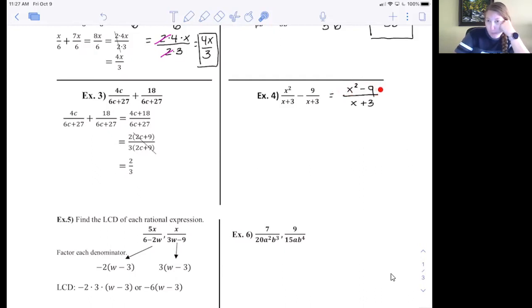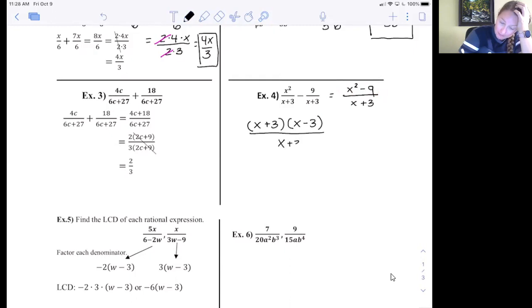If you can't remember, just plug it in the calculator on your computer. So x squared minus 9 is x plus 3 and x minus 3, all divided by x plus 3. Now I see I've got an x plus 3 on the bottom and an x plus 3 on top, so I can cancel those out. I'm just left with x minus 3, which is our answer.